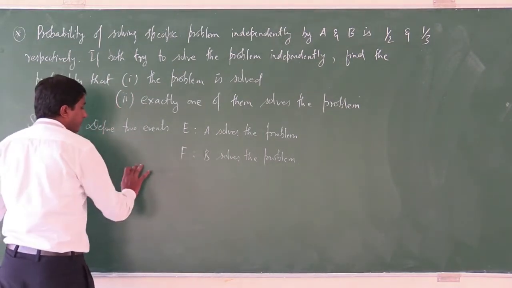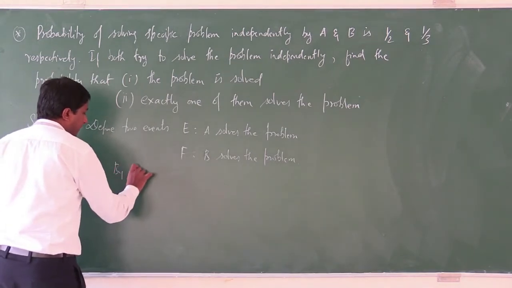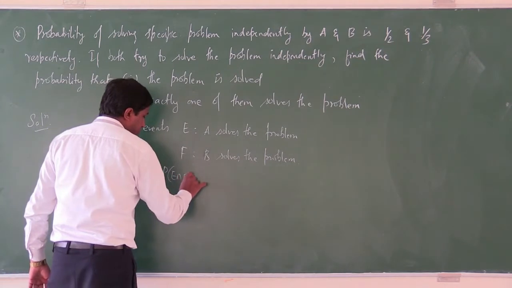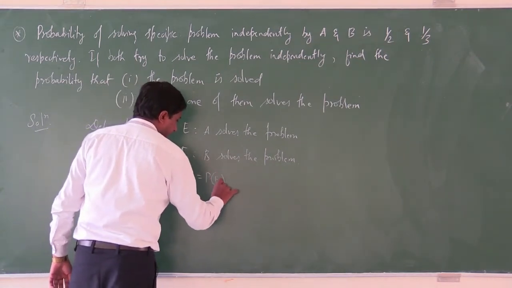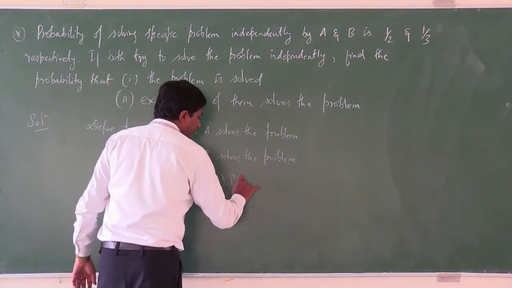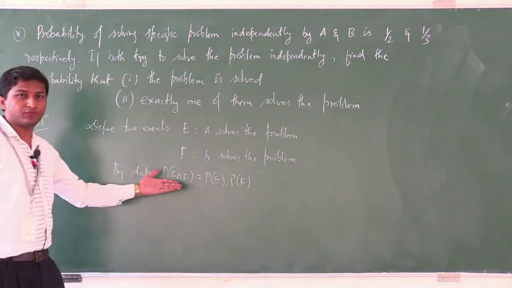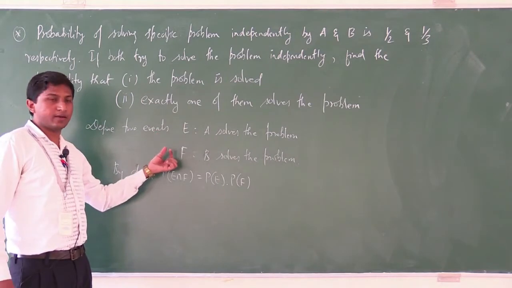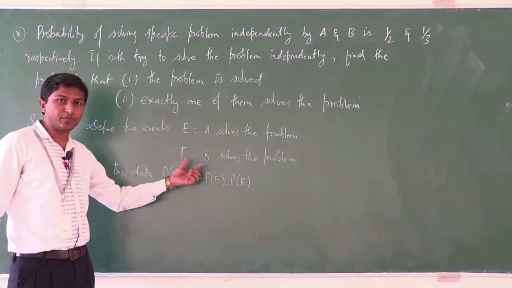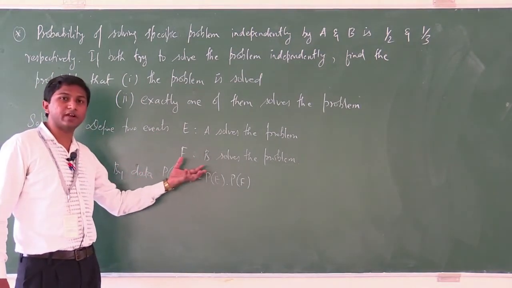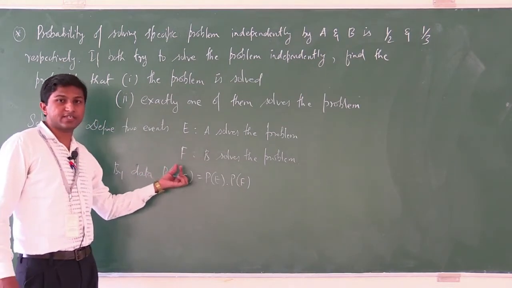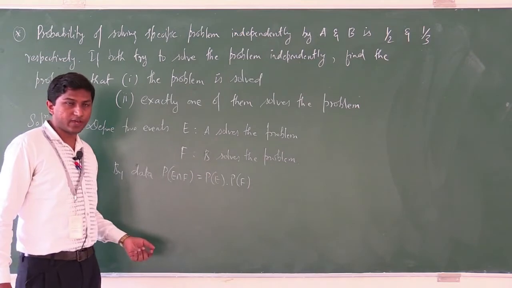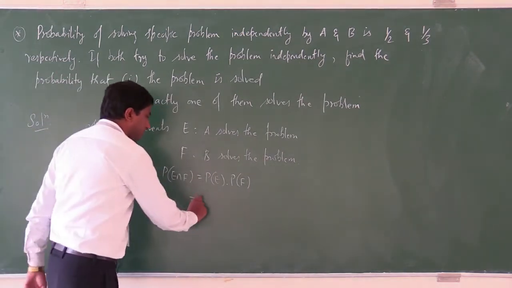We can write by data P of E intersection F as P of E into P of F. Why is this? This is because events E and F are independent events, and by definition of independent events, P of E intersection F is P of E into P of F. But what is P of E?